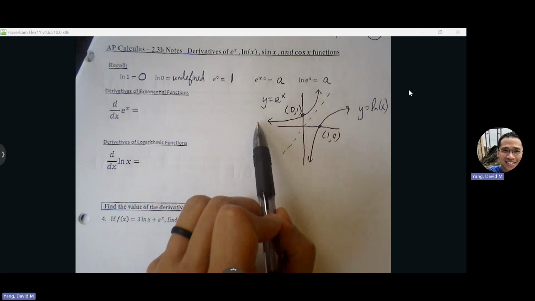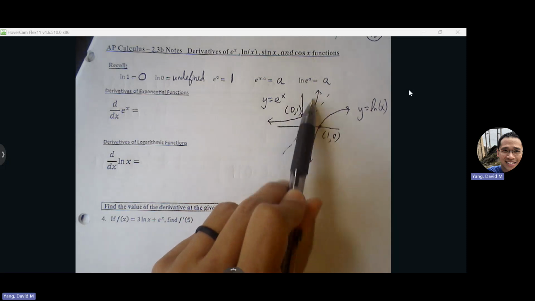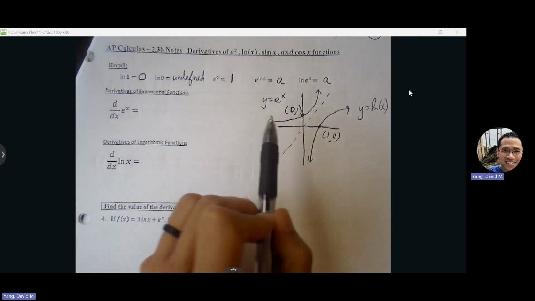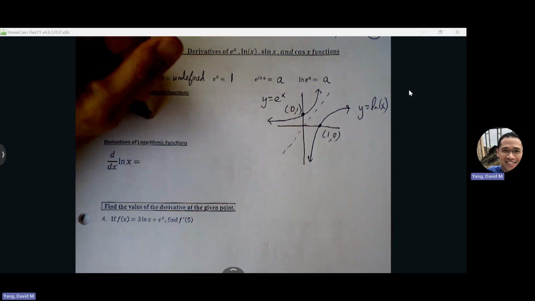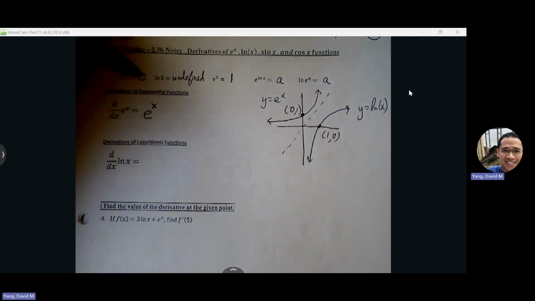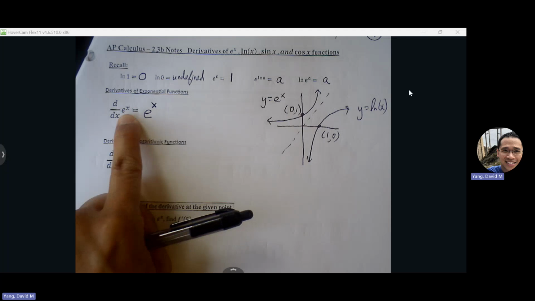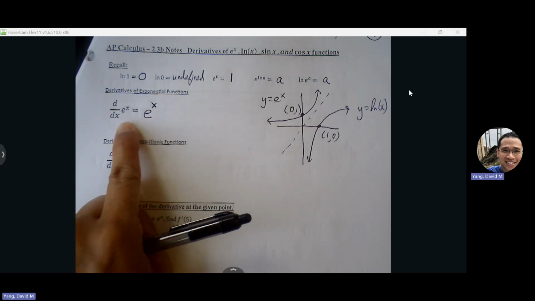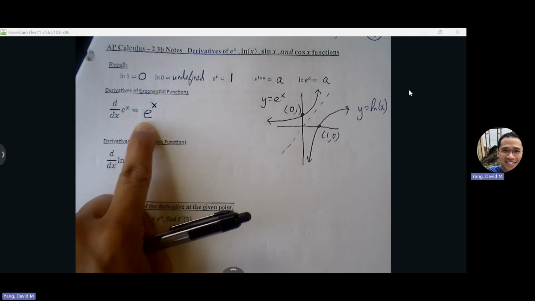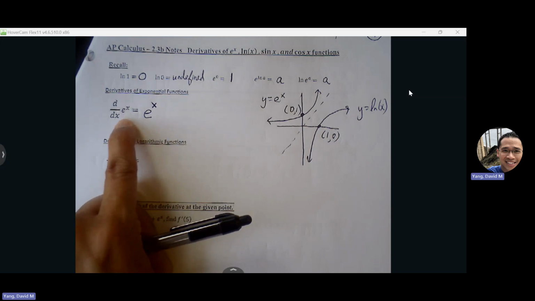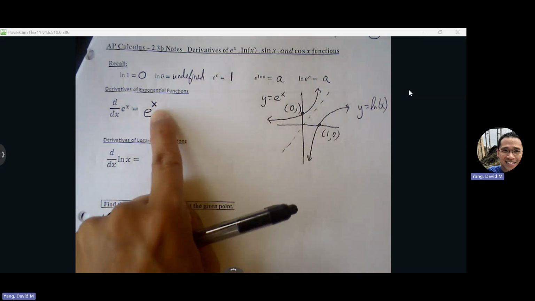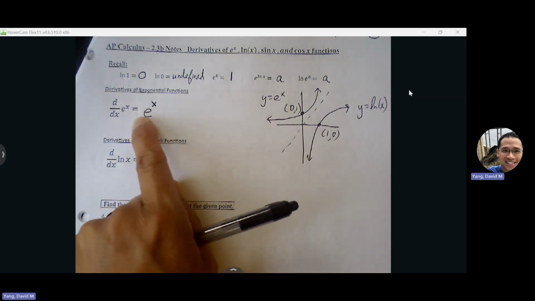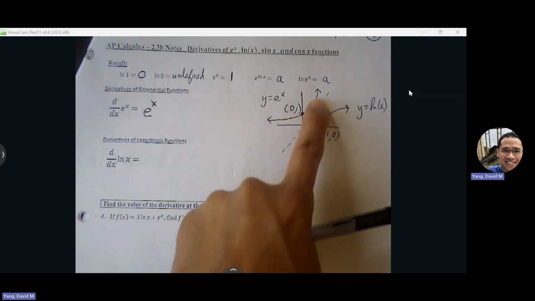Okay, so with e to the x, this is the graph of e to the x. If I want to find the derivative of e to the x, the derivative is just e to the x. We have a little bit more involvement if this is more than just x, but right now, just understand that e to the x has a nice relationship in the sense that the derivative is basically itself. So e to the x not only describes the ordered pair of the function, it also describes the slope behavior of the function.